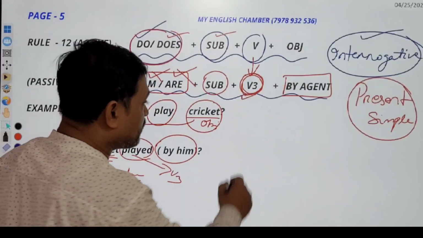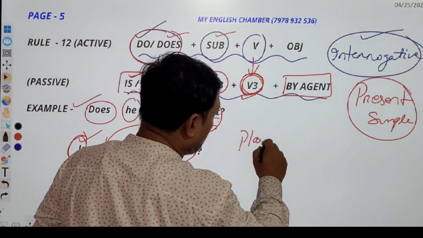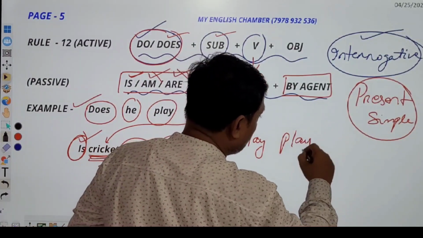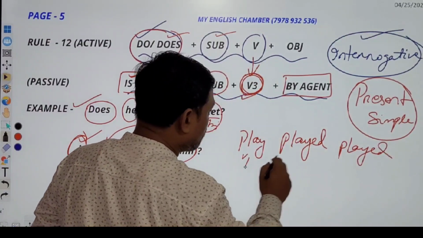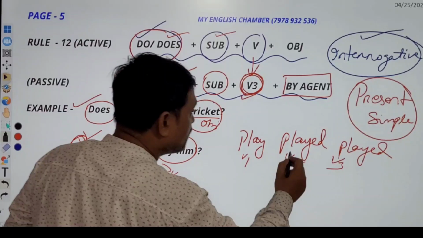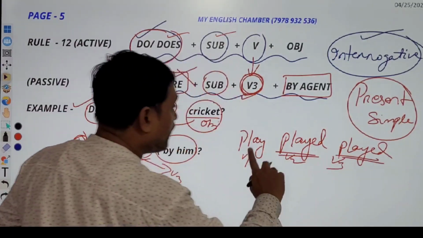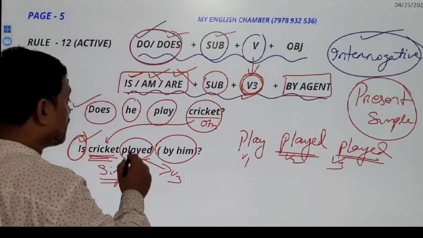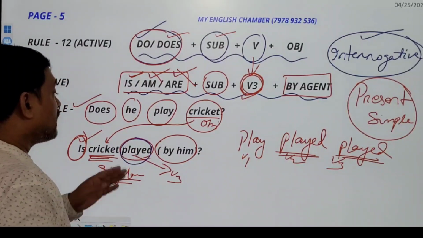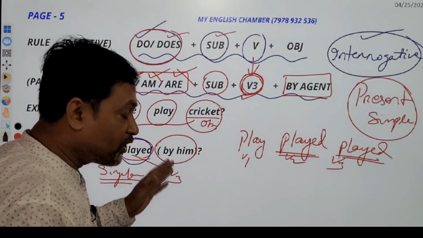Clear? You may question me, sir, play, played, played. That is V1, that is V2, that is V3. These two are same. So how do you know which one is used here, either V2 or V3?